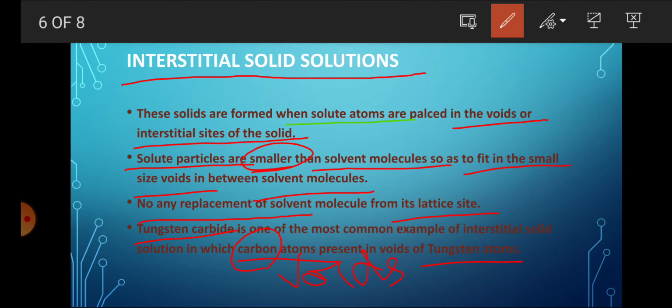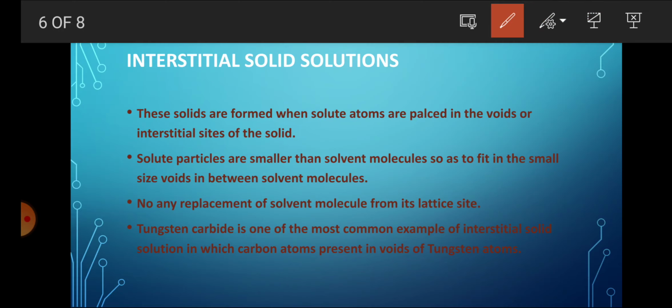Okay students, so you have seen the two categories of solid solutions.